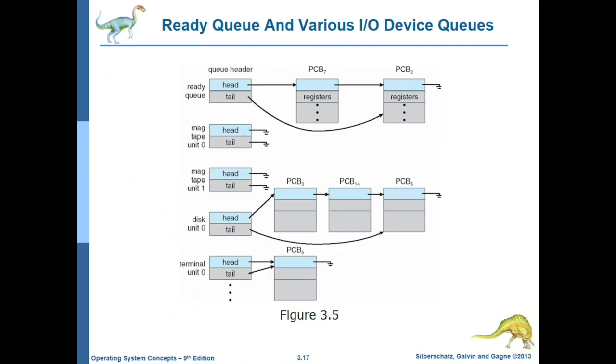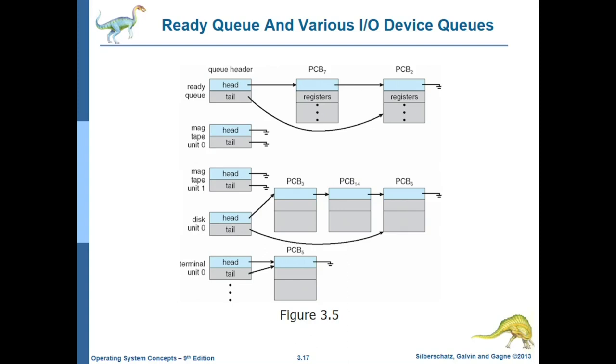This slide shows the ready queue and various I/O device queues in a system with multiple processes. The ready queue is a list of processes that are waiting to be executed by the CPU. The I/O device queues are lists of processes that are waiting for a specific I/O device to become available, such as a disk or a printer.